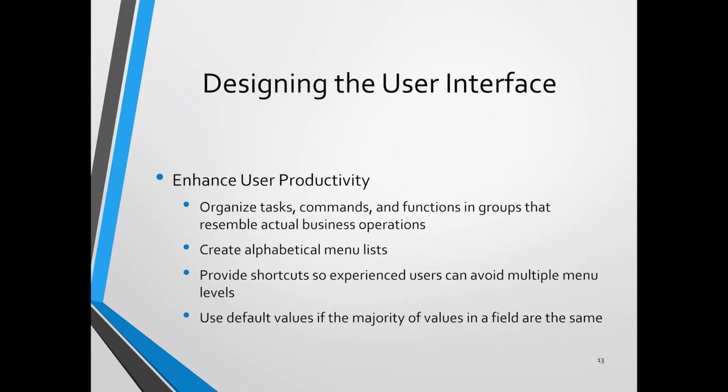After that, when we talk about another guideline, that is user productivity, try to organize tasks, commands, and functions in groups that resemble actual business operations. This one, we talk about information systems that serve different groups of users in the organization.